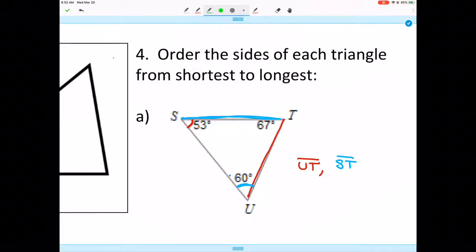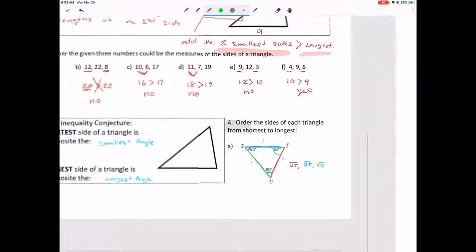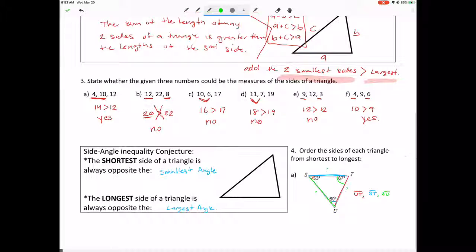And then the largest angle, which is 67, will give us the largest side. So that gives us SU. All right? And if we had these numbers that give us the sides, we could obviously see that they correspond. Okay? All right, so we have some more examples on here.